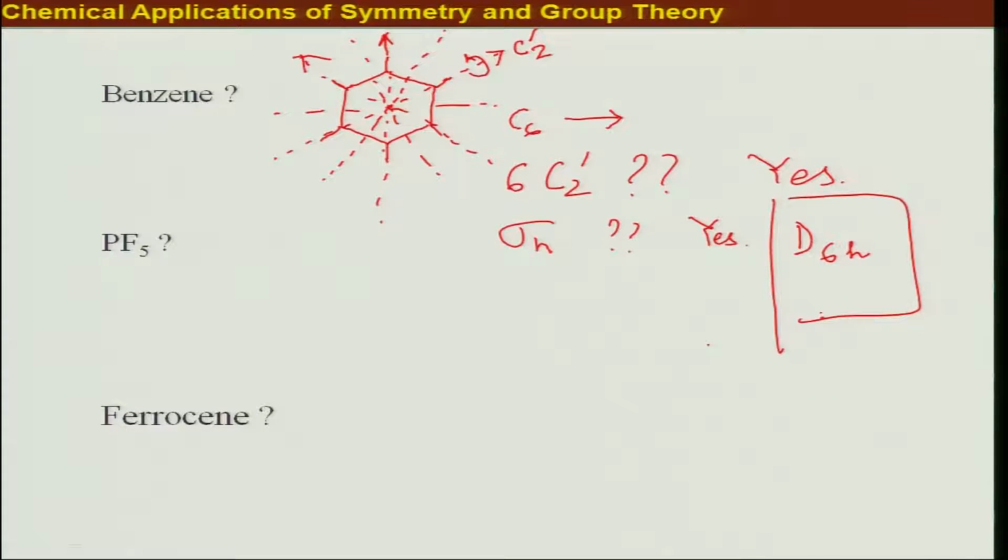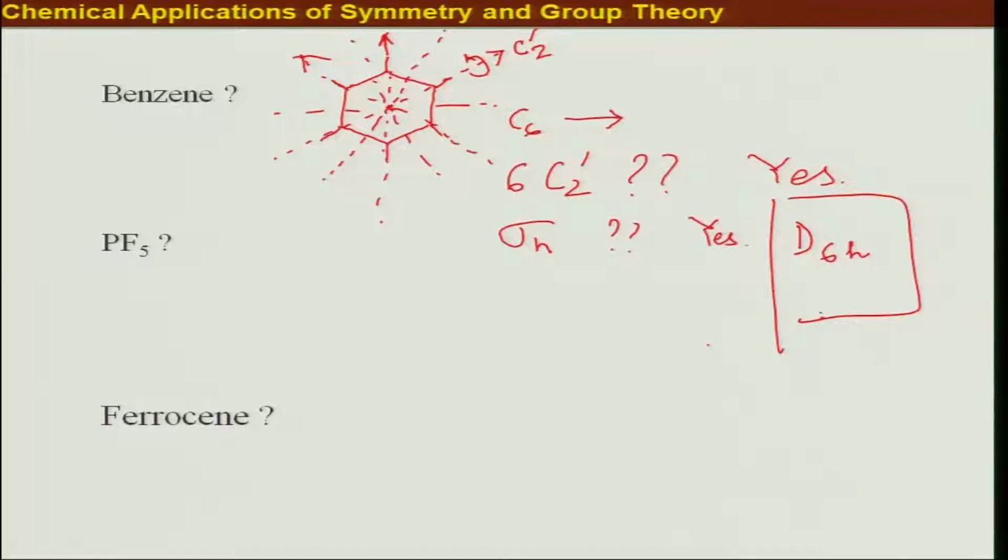That's why I didn't look at any other possibilities, but you can have a quick look at this structure again for benzene, and you can see there is an inversion center, right? You start from any hydrogen, pass through the origin, the center point of the benzene molecule, go to the other direction the same distance, and you will find an identical hydrogen there. So there is an I. So there will be improper axes of symmetry.